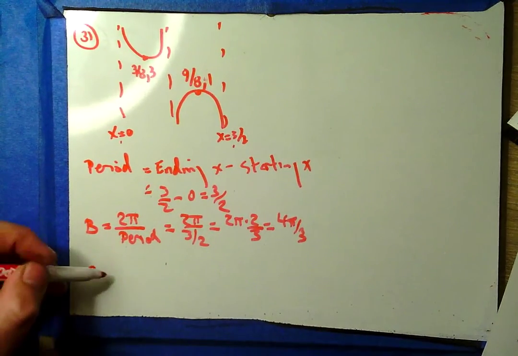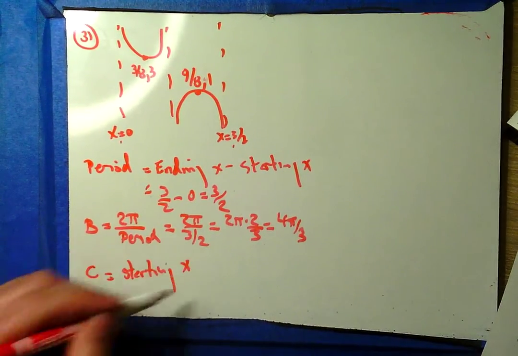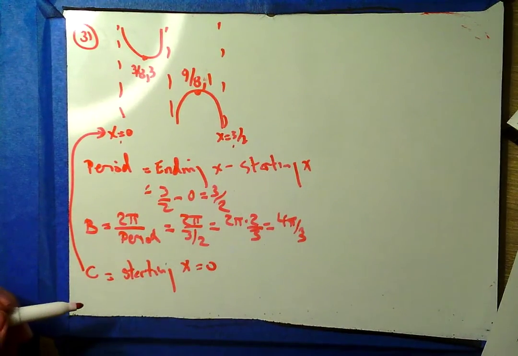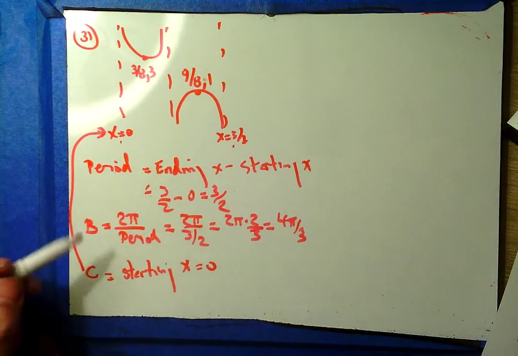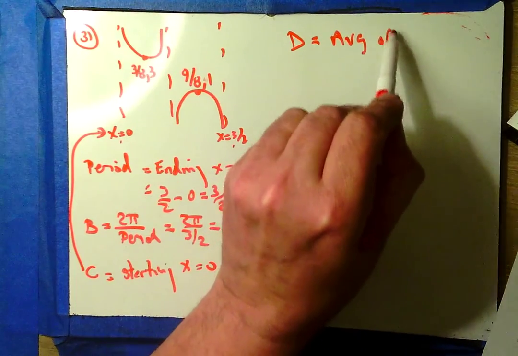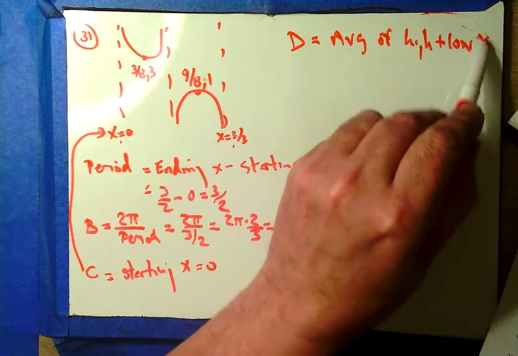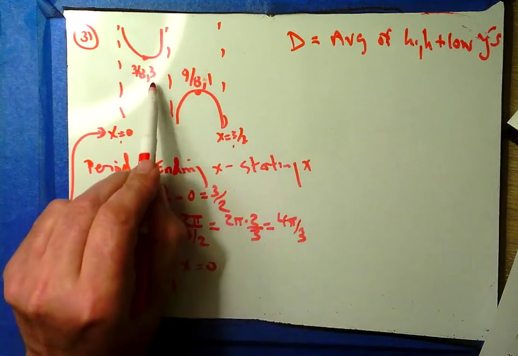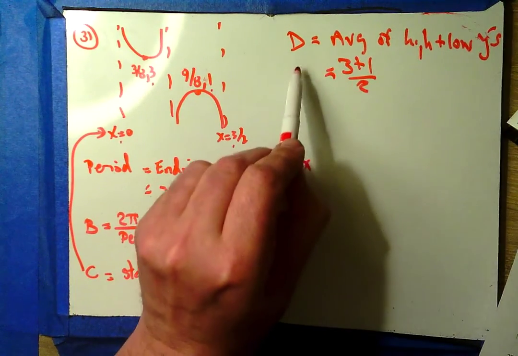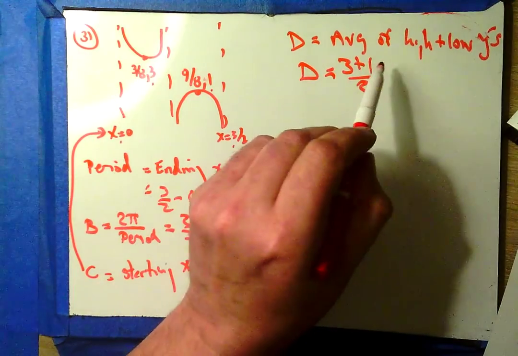Our c value is our starting x, and that is 0. What else do we need? We need a d value. We know d is the average of the high and low y's. So 3 and 1: 3 plus 1 divided by 2. Remember, we're averaging two numbers, so we add those two numbers together and divide by 2.